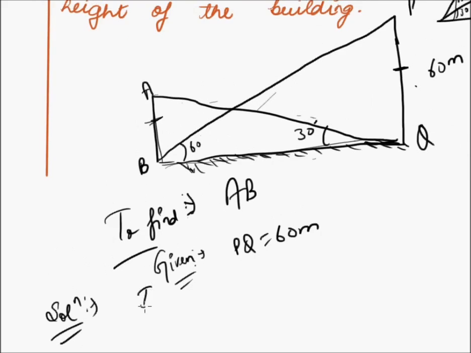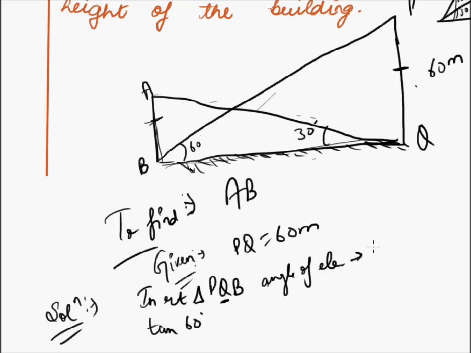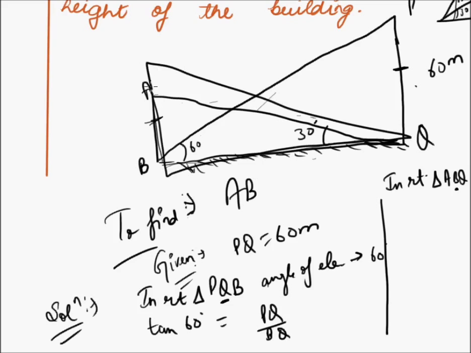So firstly, in right triangle PQB, right angled at Q, tangent of 60 degree, because the angle of elevation is 60 degree, we have PQ over BQ as tangent 60 degree. Similarly, in right triangle ABQ, right angled at B, we have tangent 30 degree because angle of elevation is 30 degree.